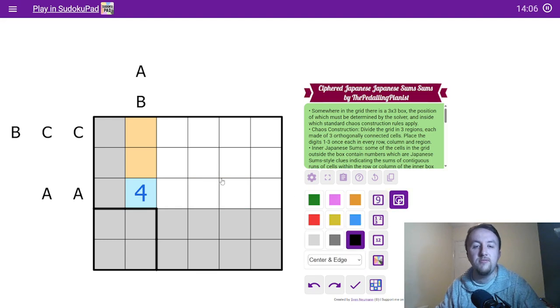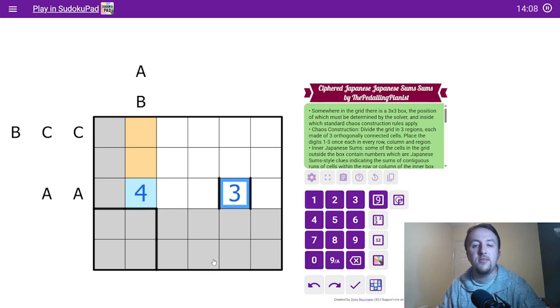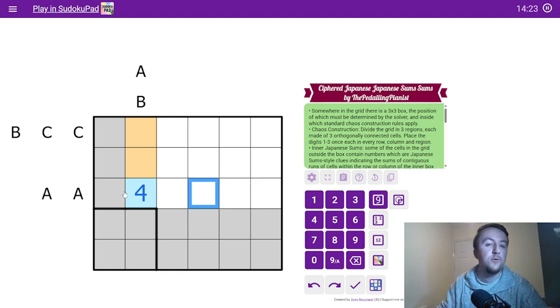Let's say if we had region borders here and a 3 here, we might also get a 3 over here, but we don't get that because this 4 can only be made up of the 1 plus the 3 within the grid. So 1 and 3 are our only odd numbers.